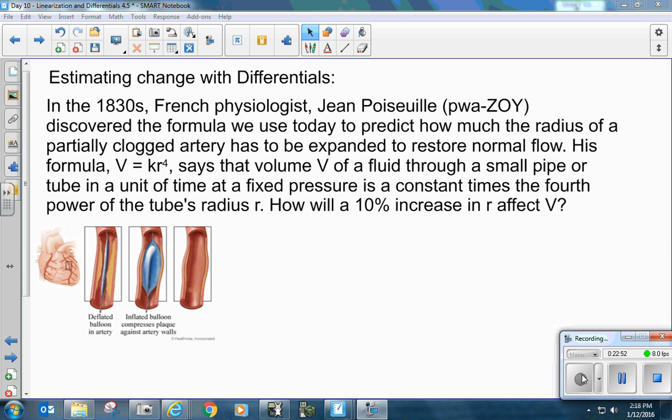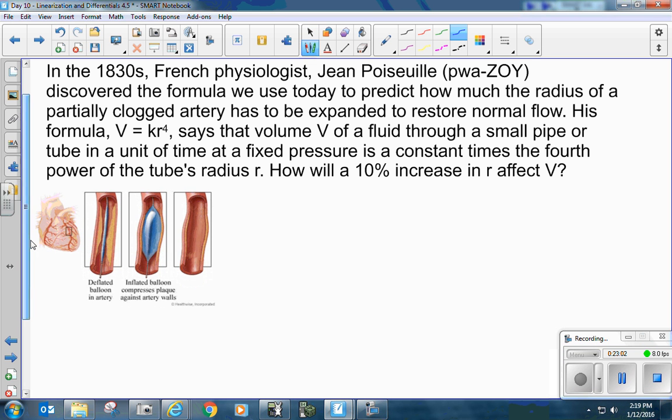How will a 10% increase in R affect V? So, if V equals K R to the fourth, what's that estimated change going to be?